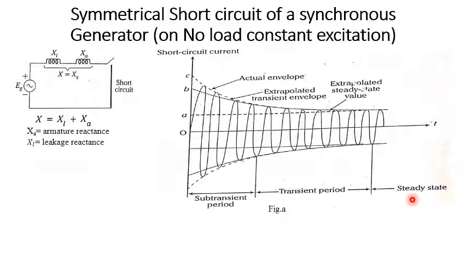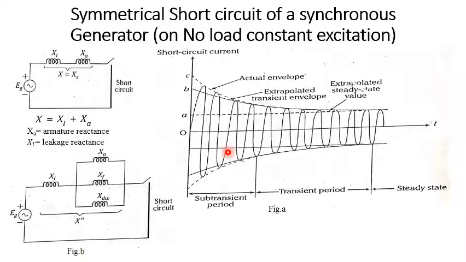I already told that if a short circuit occurs, a rotating magnetic field is produced by the armature. This changes in magnitude with respect to the damper windings and the field windings. Hence there will be an induced EMF and current in the field and damper windings.